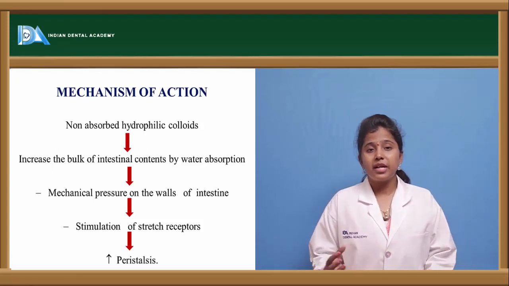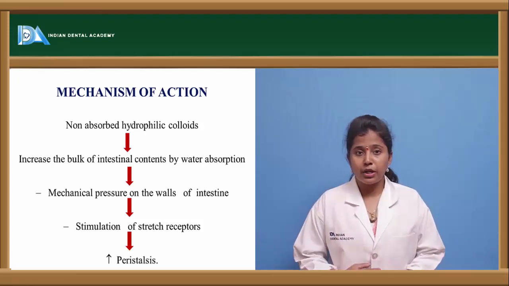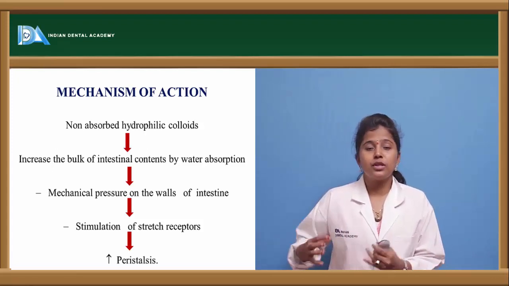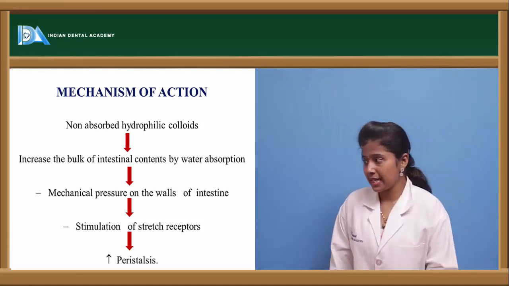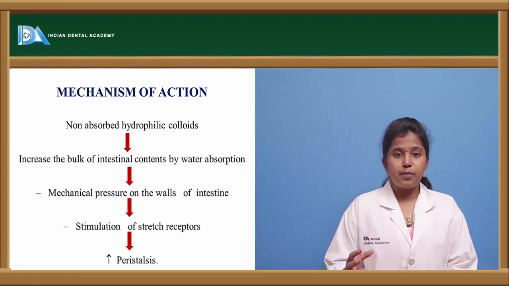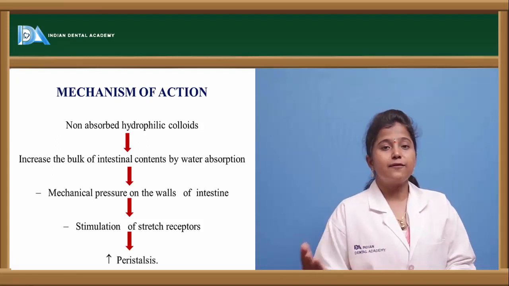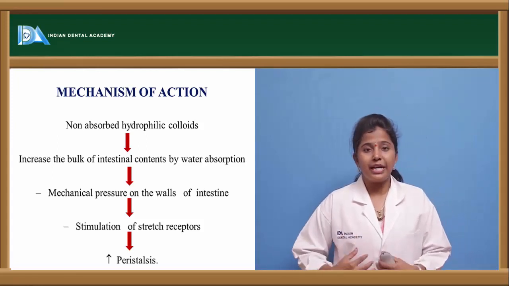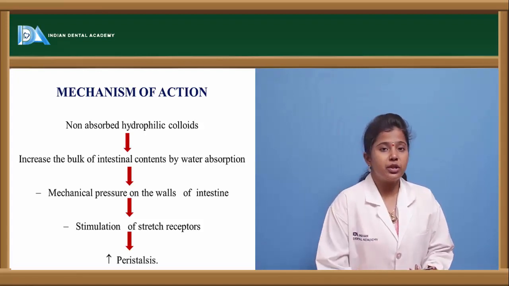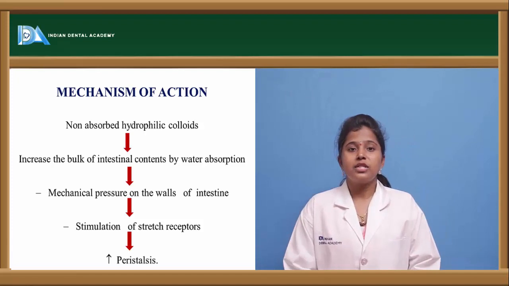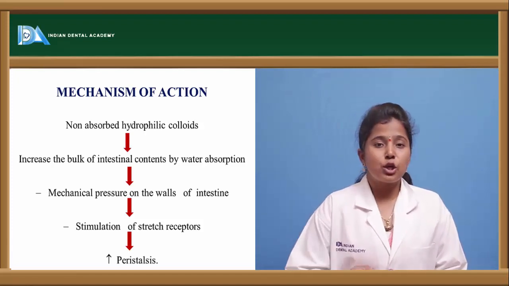When these bulk purgatives are taken into the body, what do they do? The non-digestible or non-absorbed food which is present in the gastric contents, these bulk purgatives add fluid to that. The name itself indicates they add some quantity to that food. So the undigested food which is present, these drugs absorb the water.